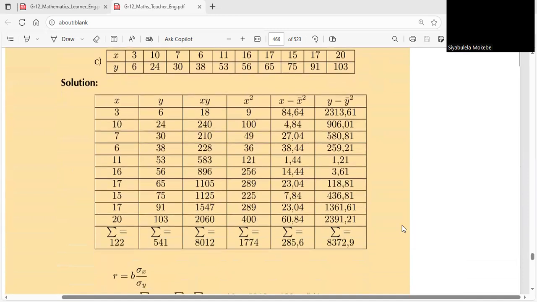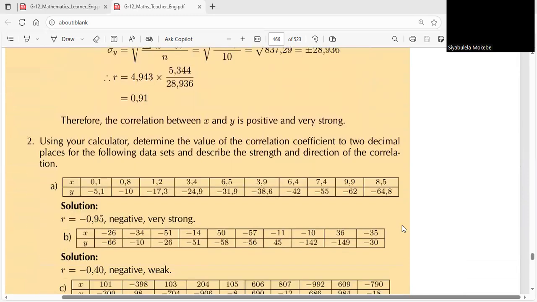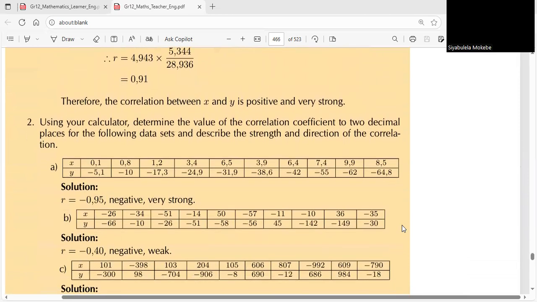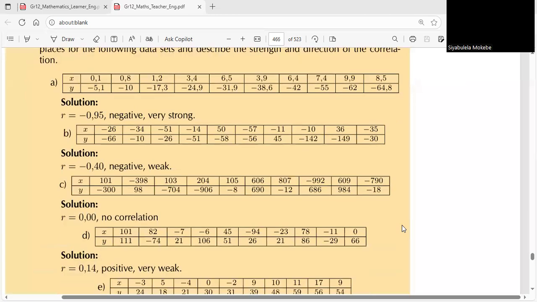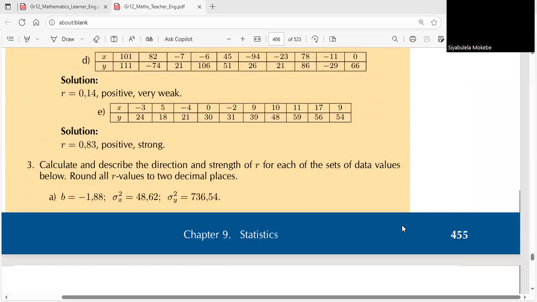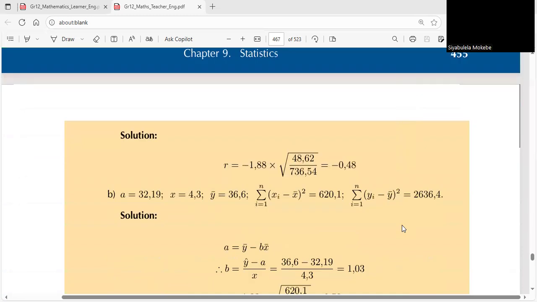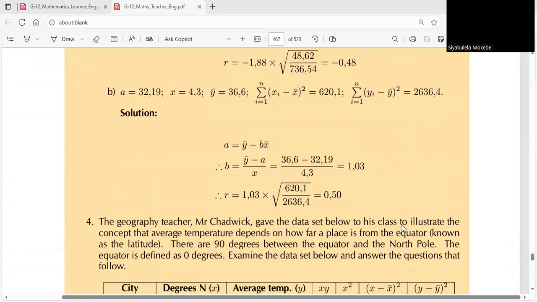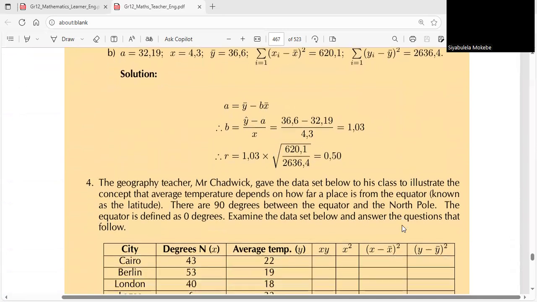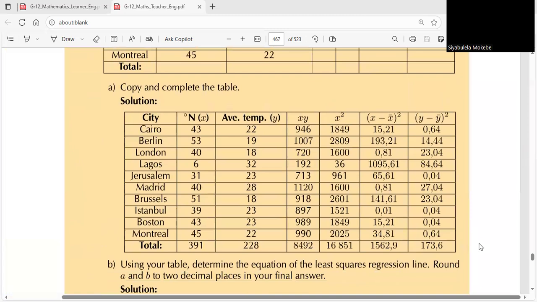Then here, this one is 0.91, so it's positive and very strong. Then number 4, that's that.